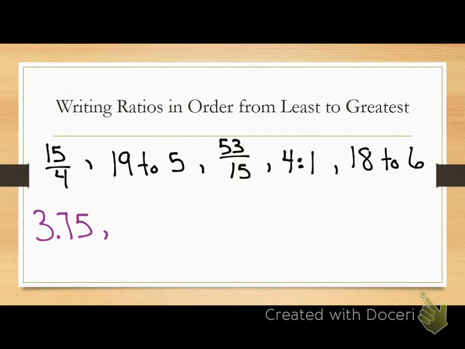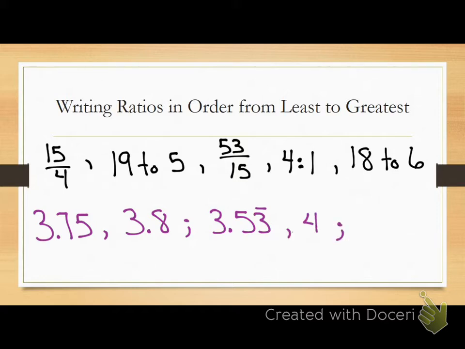I want you to convert now the other four ratios to decimals. Okay, so help me out. 19 to 5 is going to be 3.8. All right, 53 to 15. Just the 3 is repeating. Okay. And then 4 to 1 is just 4.